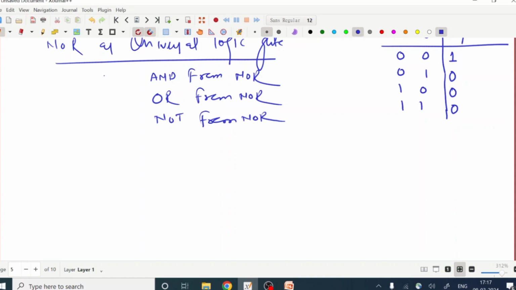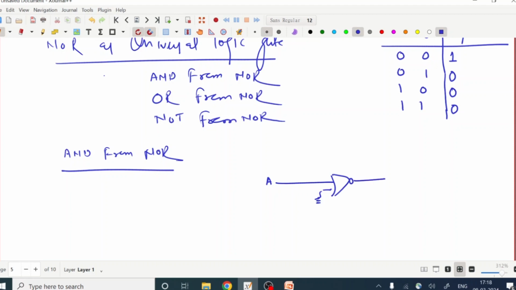So here first we design AND from NOR. For AND from NOR, simply we take A as an input and another input is either connected to ground, or we simply short both inputs. Then we connect both to a NOR gate.